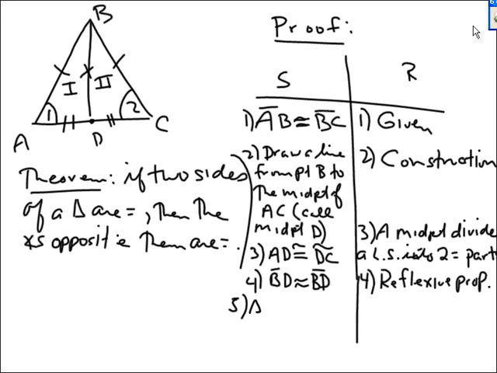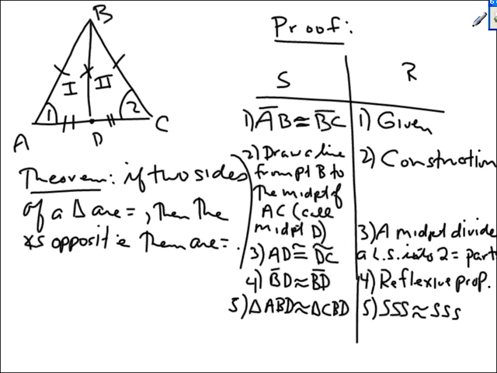We can now say that triangle 1, triangle ABD, is congruent to triangle 2, which is CBD. And the reason is SSS. Side, side, side is congruent to side, side, side. And that's number 5.